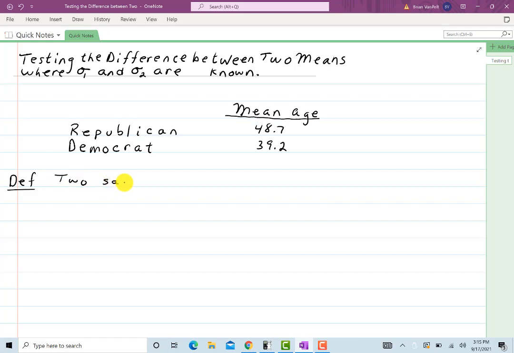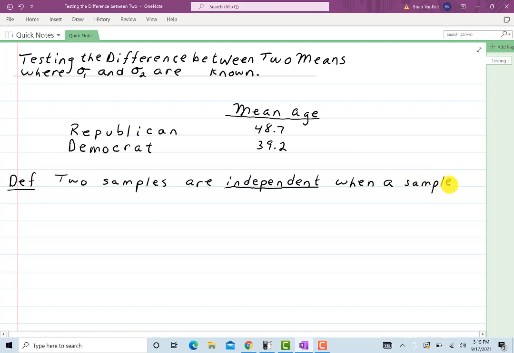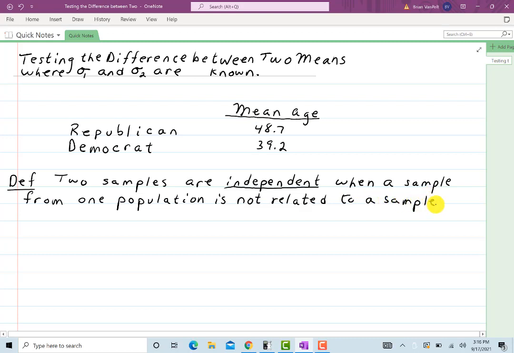Two samples are independent when a sample from one population is not related to a sample from a second population.